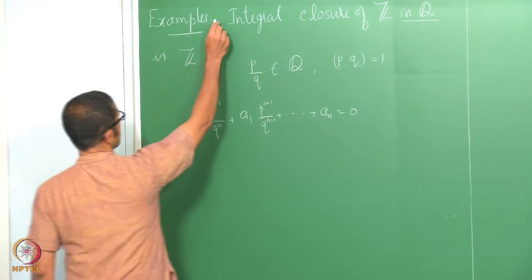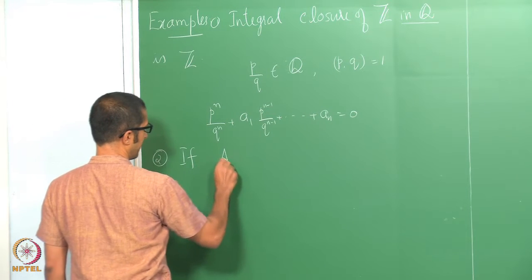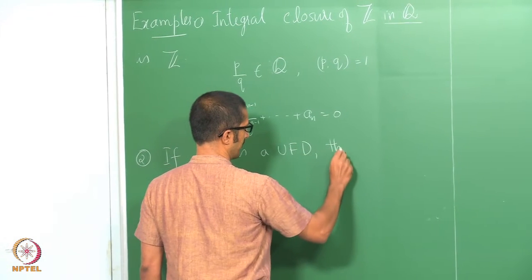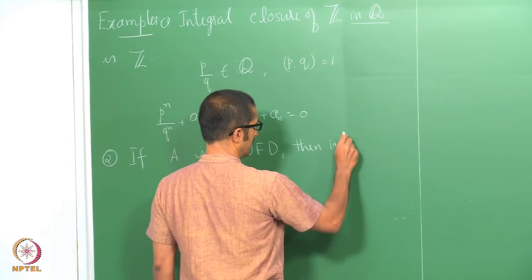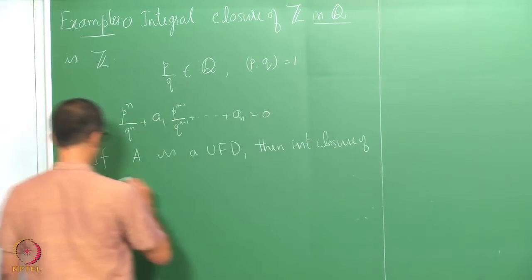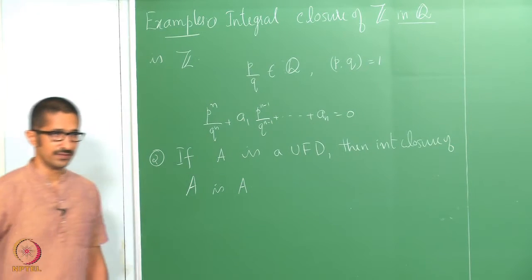And more generally, if A is a UFD, then the integral closure of A is A itself.